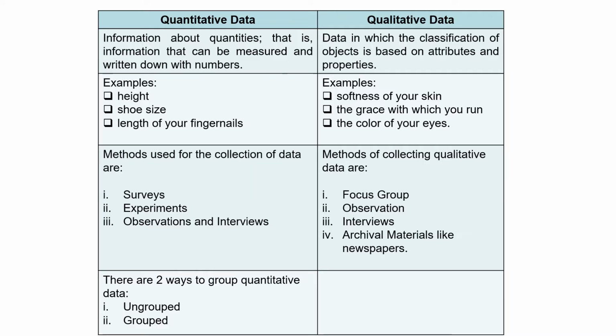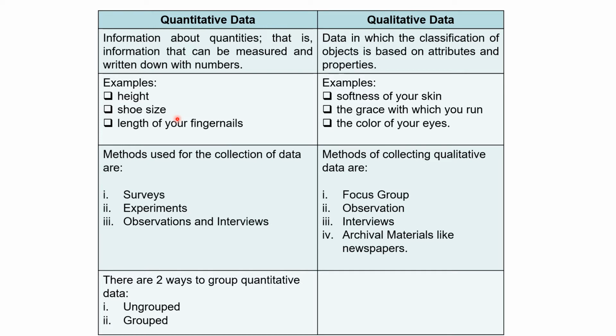So moving on, I just want to explain to you the table that shows what is actually quantitative data and what is qualitative data. So for example, quantitative data is something you can quantify, like height, shoe size, length of your fingernails, and you can actually measure and write it down in numbers. So how do you collect this data?